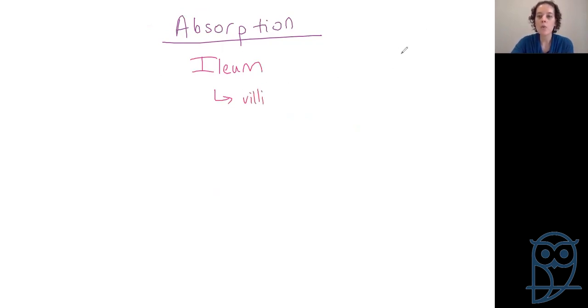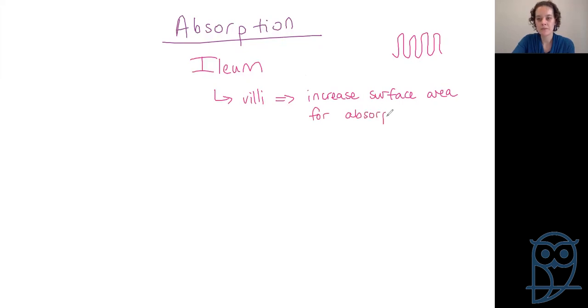Okay, so your ileum wall actually looks like this. And we have increasing surface area. As soon as we increase surface area, we have more action on our processes, in this case, for absorption.